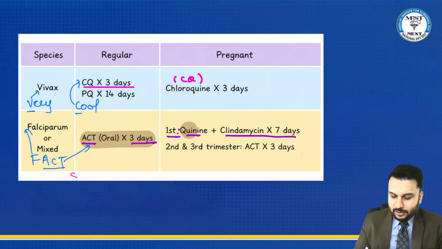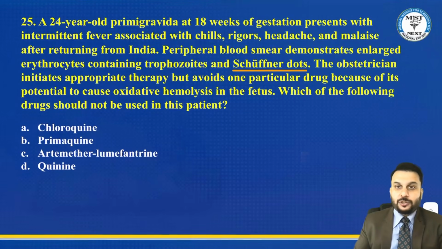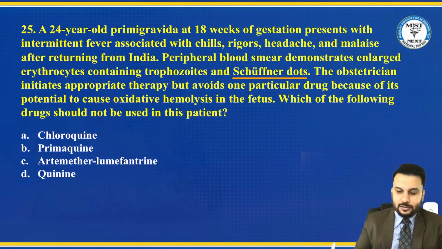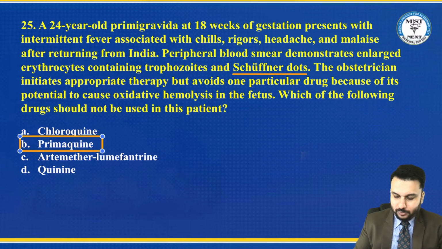And in the severe cases of falciparum, we must give IV artesunate. IV artesunate. Okay, that is given in the severe cases. So the question was asking which drug should not be given in pregnancy. The answer is nothing but your primaquine. Okay, primaquine.